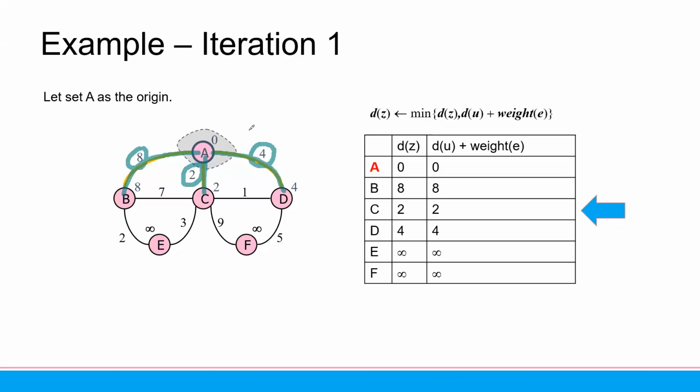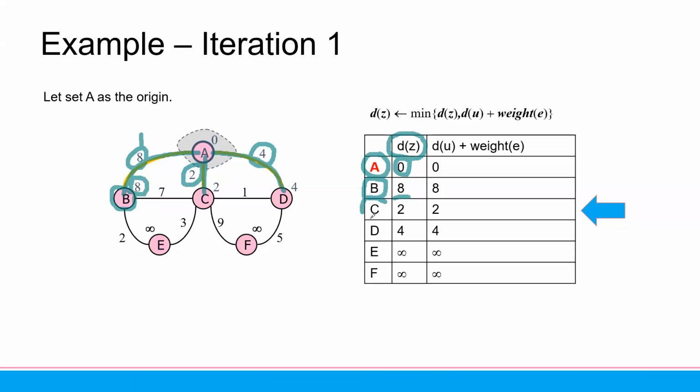So using this information, I can just say that now the d(z) is the distance from A, which is the starting point. A to A is 0. A to B becomes 8 because I know the distance is 8.